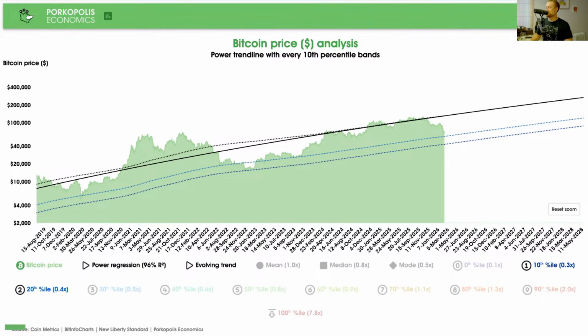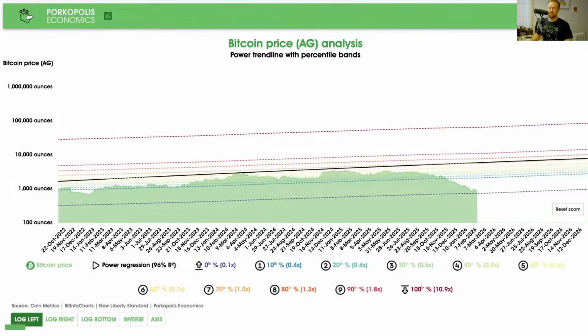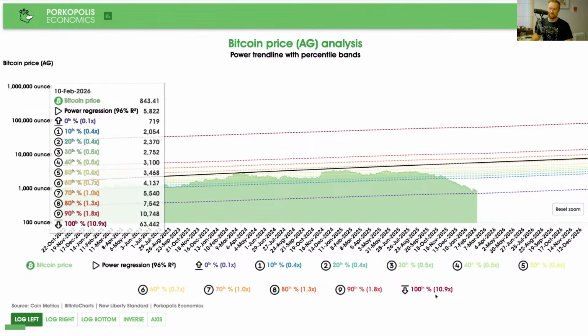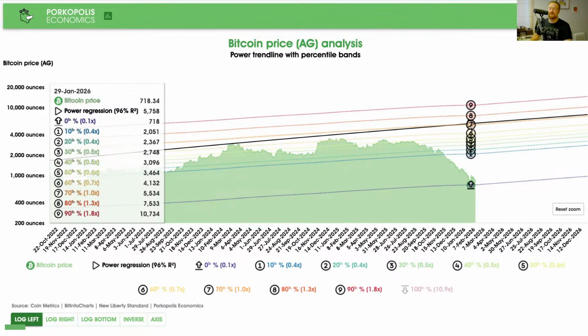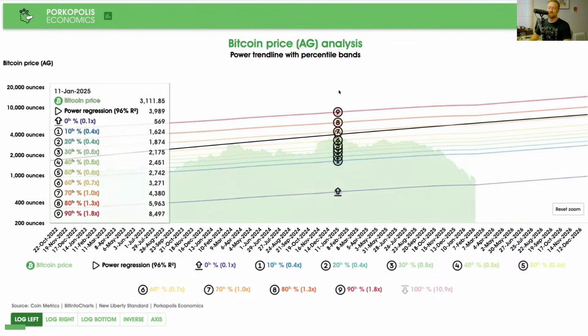All right, so here's Bitcoin silver. Nice governor of perhaps how low Bitcoin can go. We set a bottom at 718 ounces of silver per Bitcoin on January 28th. That's what we set, literally set, a record relative to the trend. And it's retraced, it fell back, but it's going to test it again.